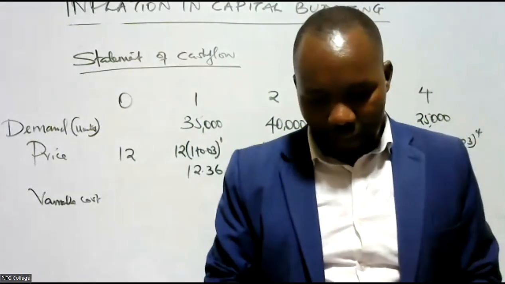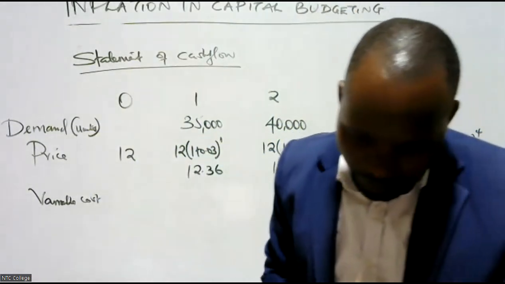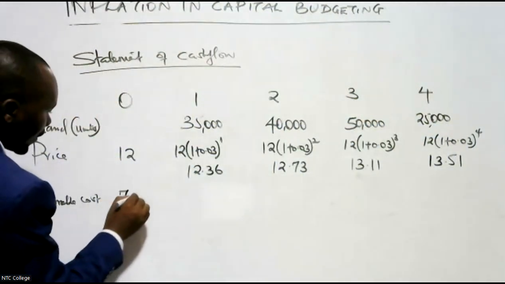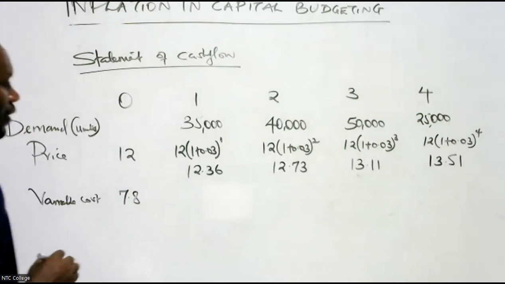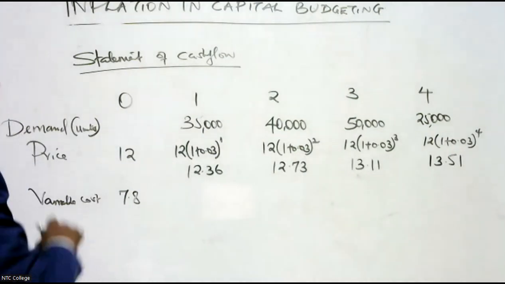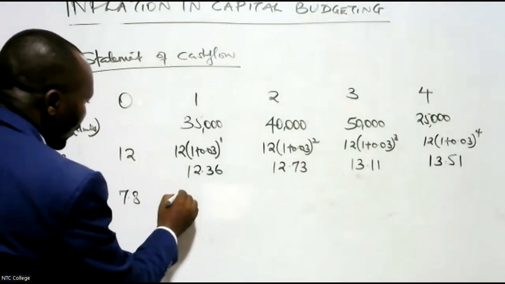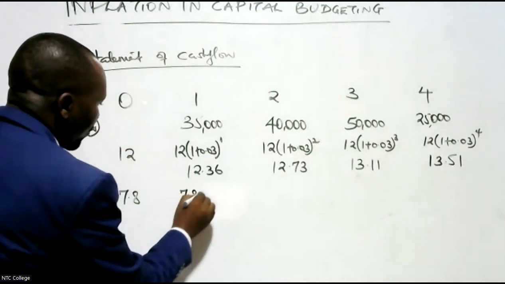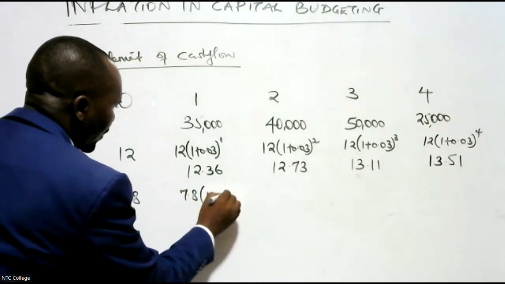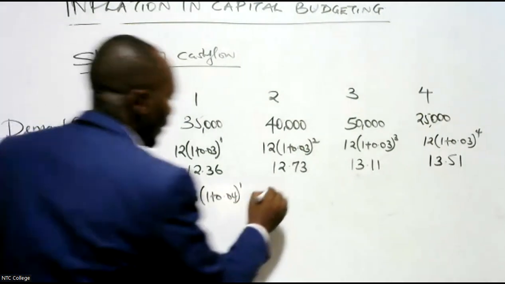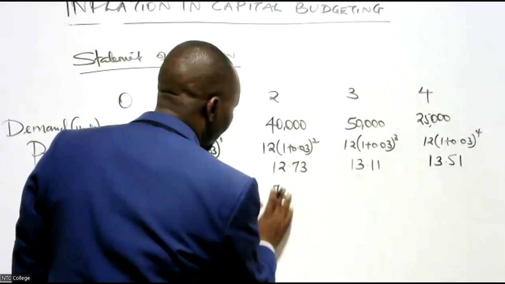Year 0, the variable cost was 7.8. 7.8 when the year was just starting. It is increasing at 4% every year. So year 1, it will be 7.8 into 1 plus 0.04 raised to power 1. What is the answer?